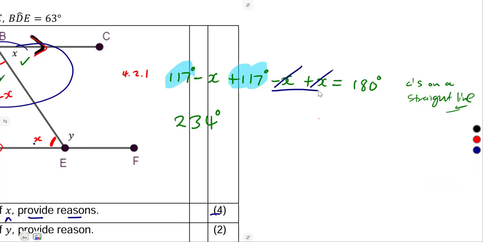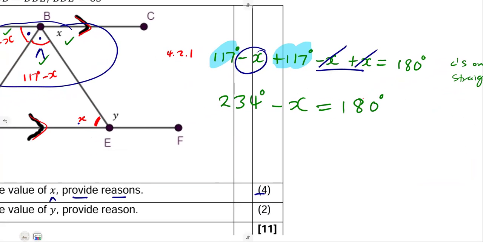These cancel, so you remain with 234 minus x, which is equal to 180 degrees. So let's solve for x. Taking the 234 to the other side of the equation, it will be negative there. So you will remain with minus x on the left-hand side, which is equal to, take the 234 to the other side of the equation.